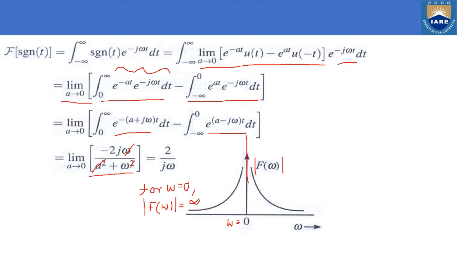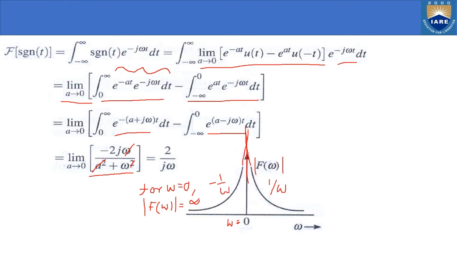We don't know where it goes. So this is approaching infinity here, and this is also approaching infinity here. Okay. And at other places, this is 1 by omega, this is 1 by omega, and this is minus 1 by omega, because it is the negative side.